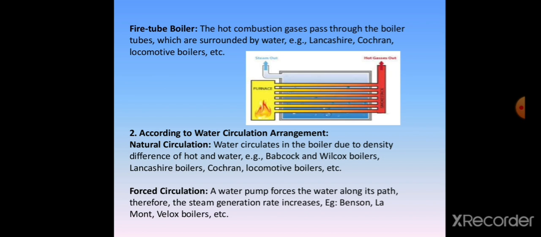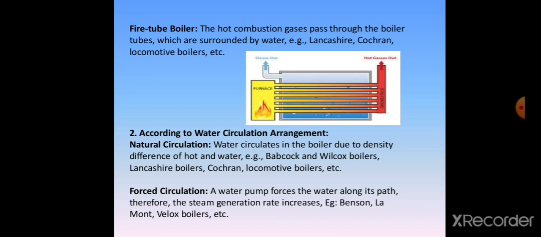When water comes in contact with these hot tubes, after getting heat again this water will be converted into steam. So after further processing, that steam will be supplied. Okay, and these types of boilers are the Lancashire boiler, Cochran boiler, and locomotive boilers, etc.